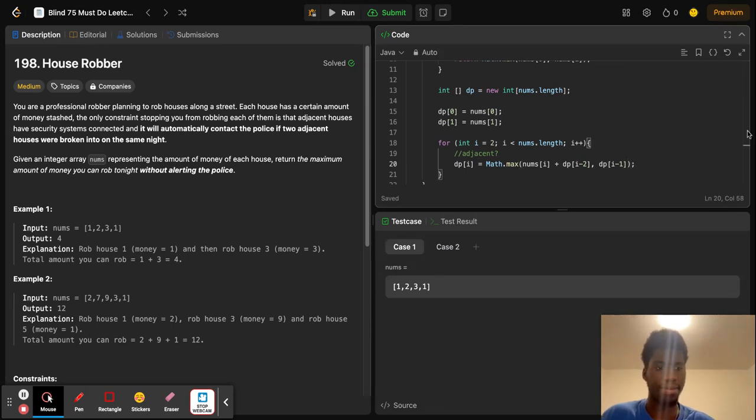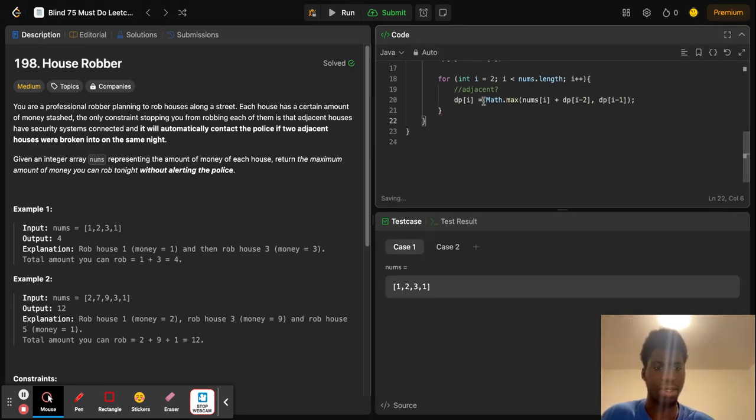That should be the solution, and we just want to return dp at nums.length minus 1.